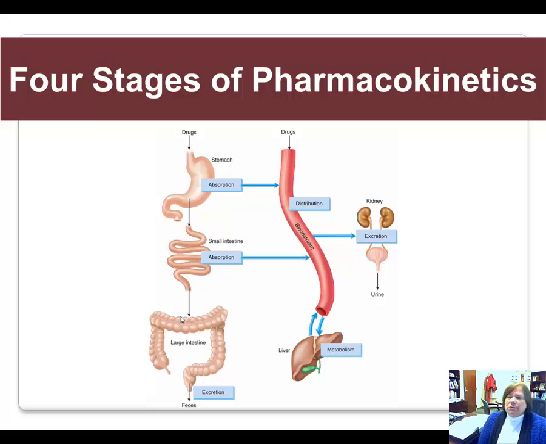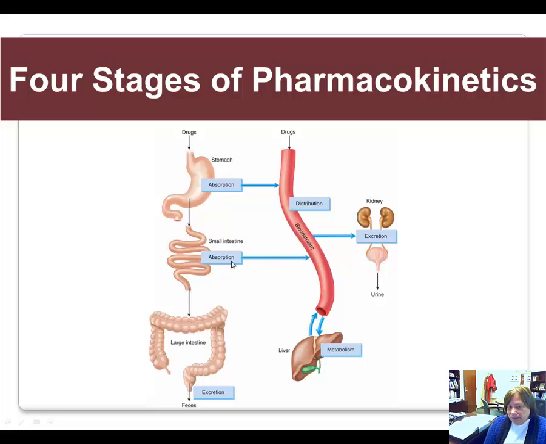Now we're going to move into pharmacokinetics. Pharmacokinetics consists of absorption, distribution, metabolism, and excretion of drugs. We're going to be looking at each section of these as we go through today's work. You can see the oral drugs are swallowed through the GI tract, go through the stomach, some absorption is taking place, the rest is going into the small intestine, and there's further absorption taking place.